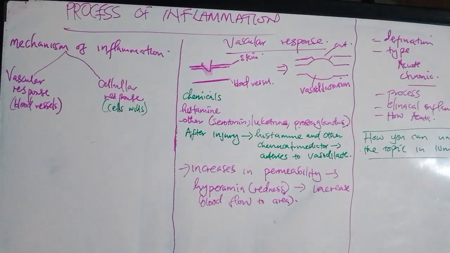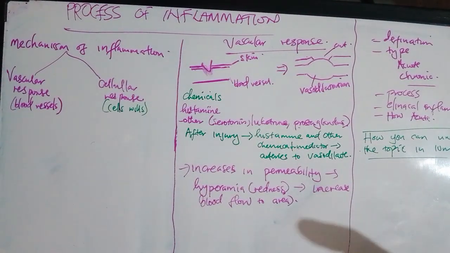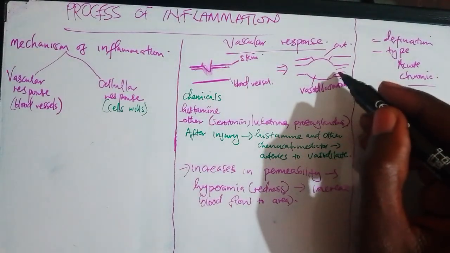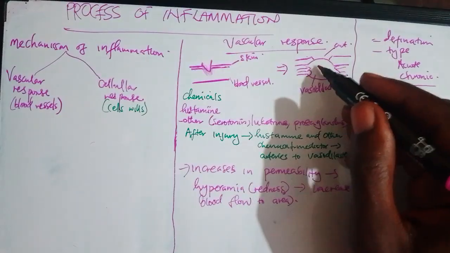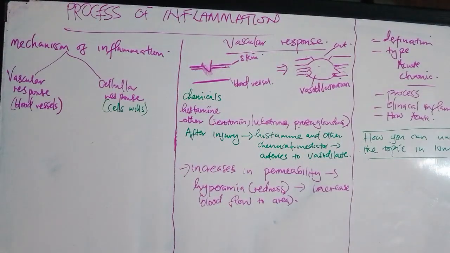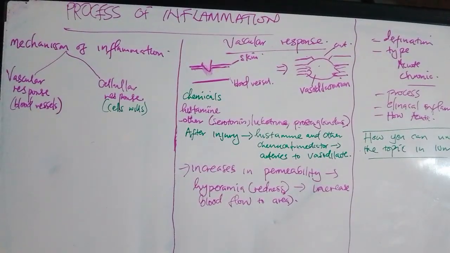Then histamine will cause the blood vessel to vasodilate. Then a lot of blood will start to accumulate in this area, causing the area to start looking red. So that's the first cardinal sign we talked about in inflammation. This is how it comes about.